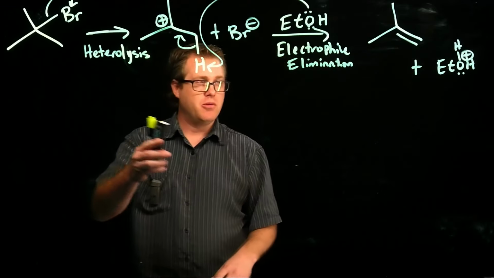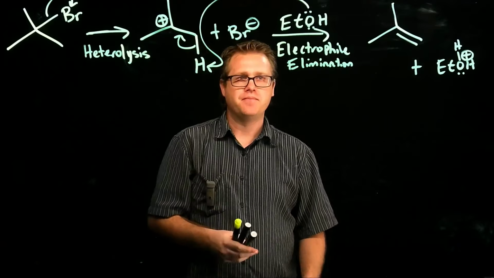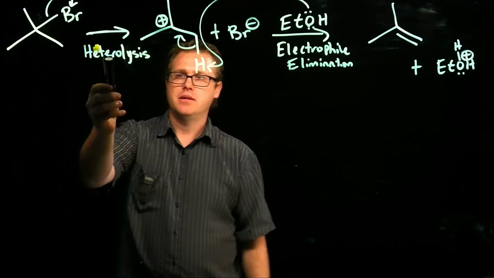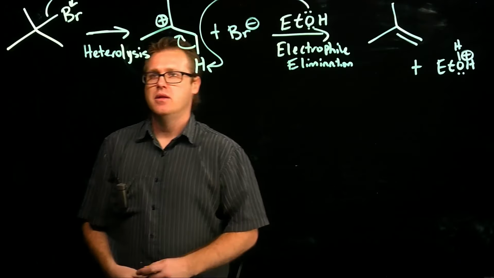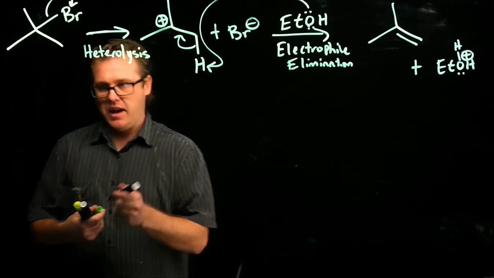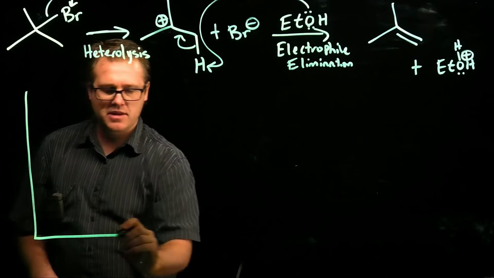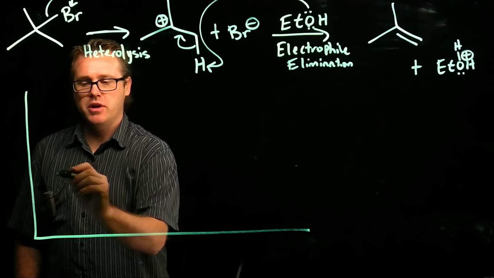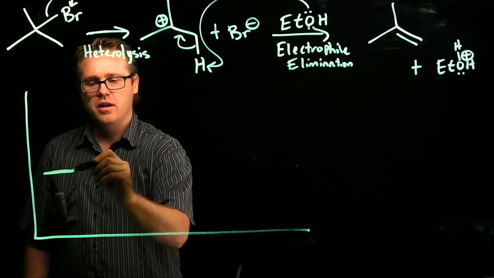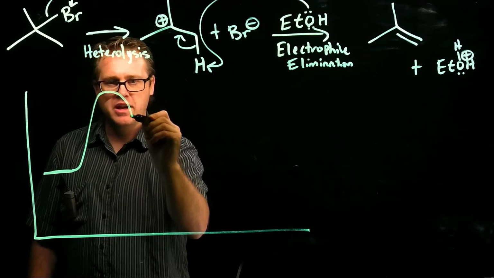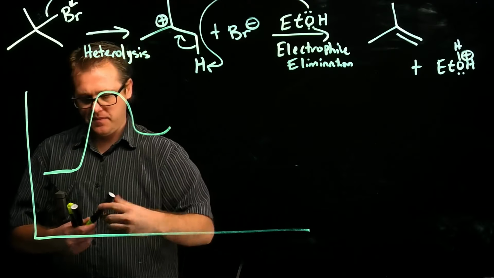So I drew the E1 mechanism all over again, showing the steps here. So the first step in an E1 is just the same as in an SN1, in which our reactant right here goes through a high energy transition state to get to an intermediate.